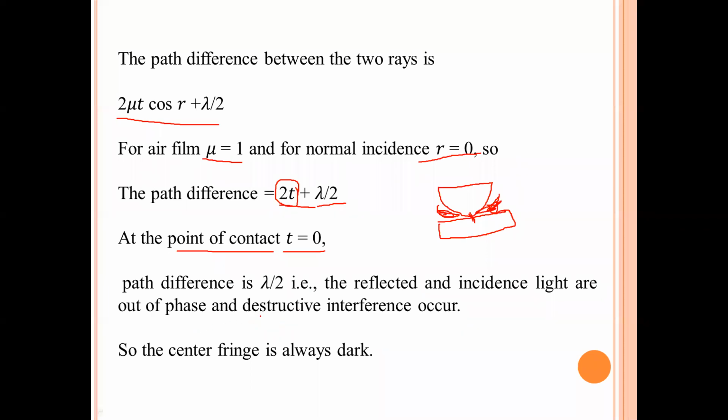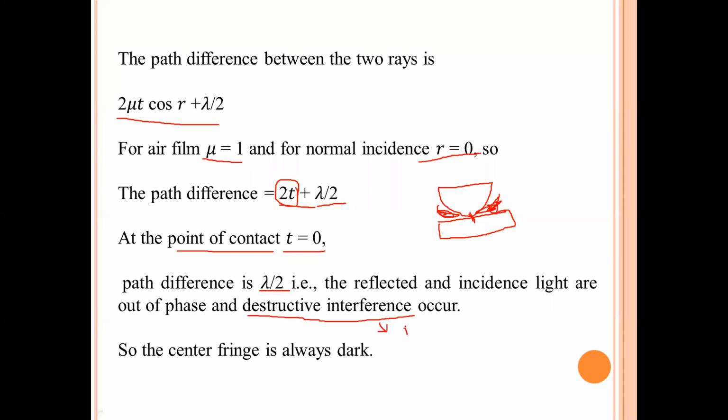So whenever the path difference value is equivalent to lambda by 2, a destructive interference is formed. What is destructive interference?